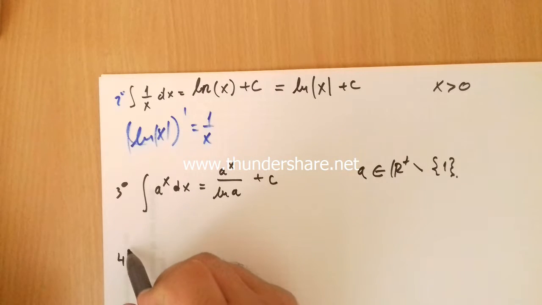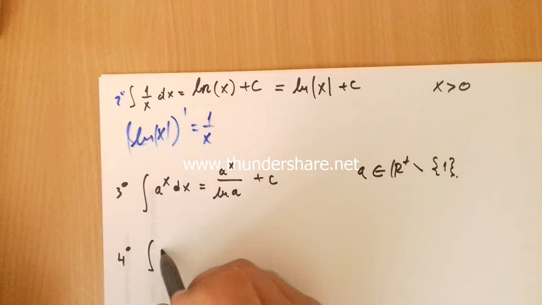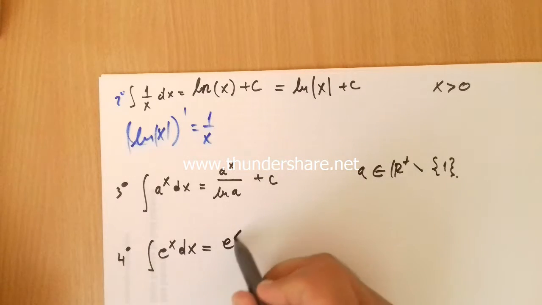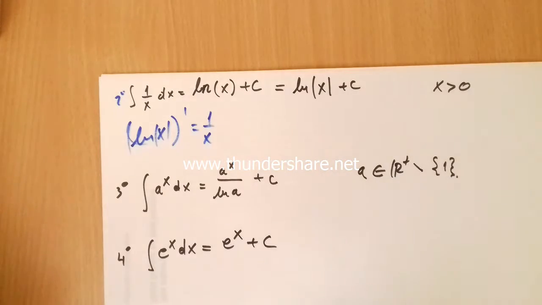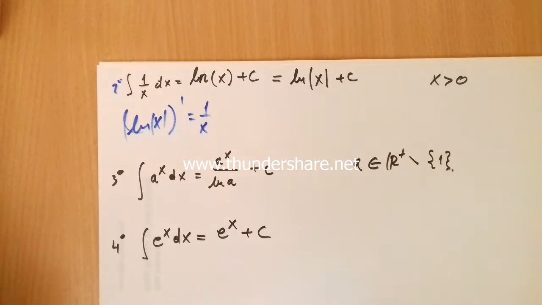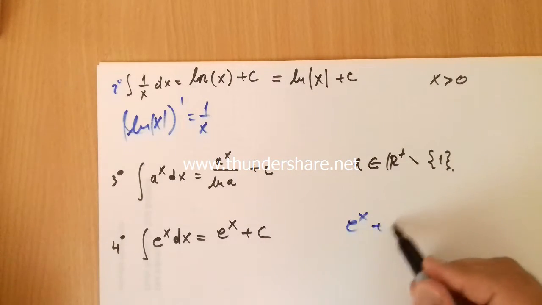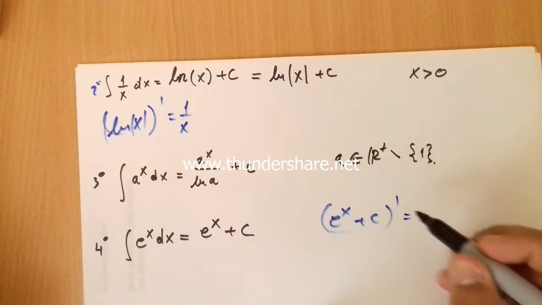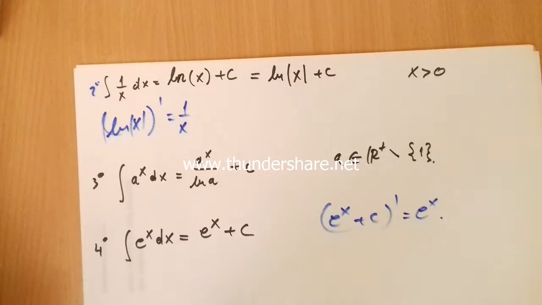The fourth is the integral of e to the x dx. This is e to the x plus c, because when we take the derivative of e to the x plus c, that is going to be only e to the x.